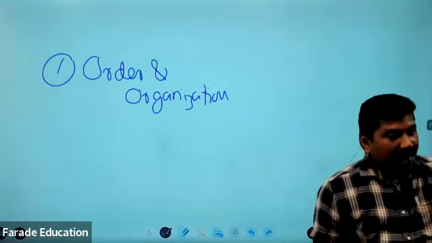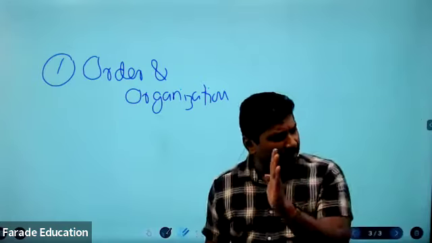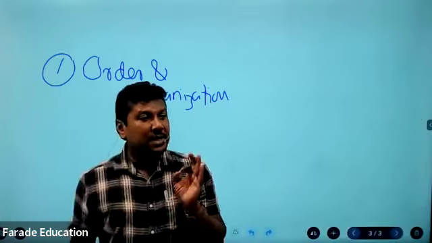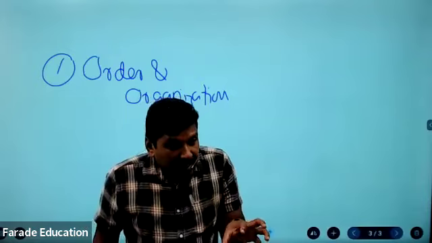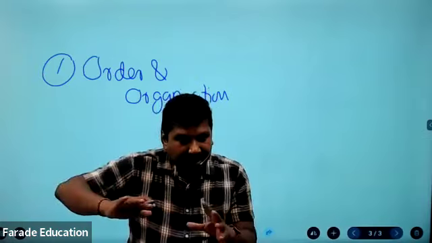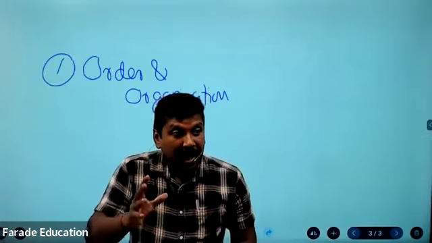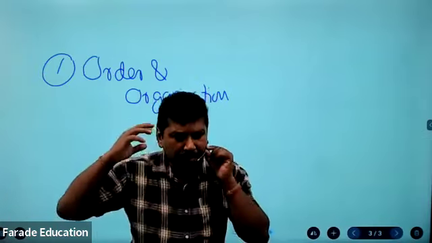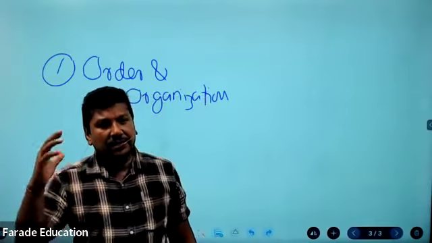Every organism, whatever you name, is made from either one cell or so many cells. Some organisms are made from millions, billions and trillions of cells.